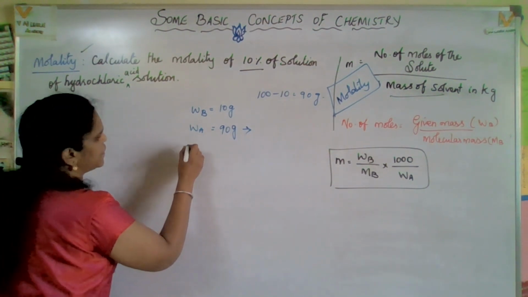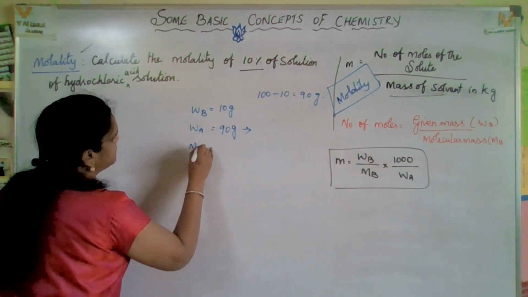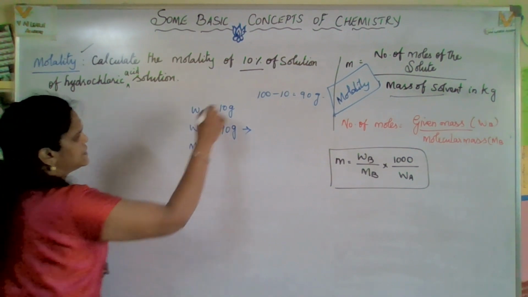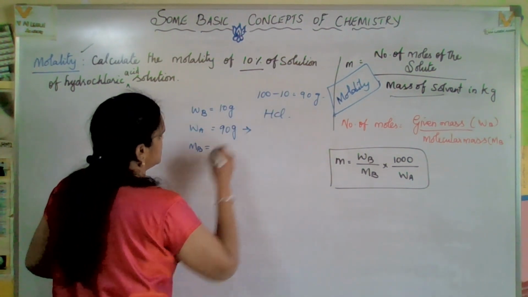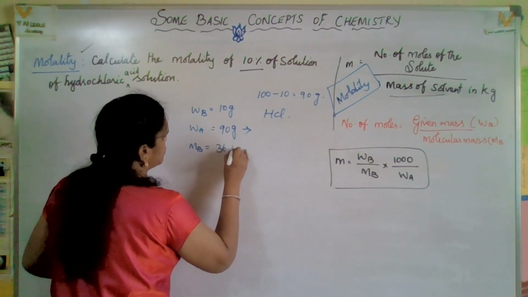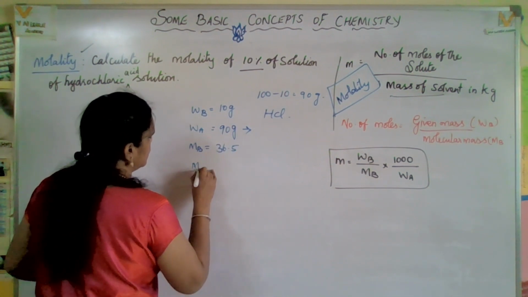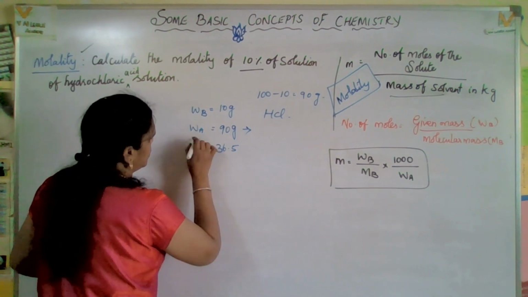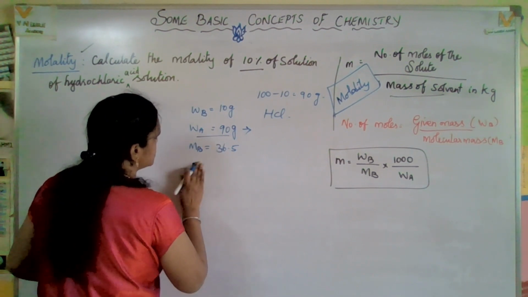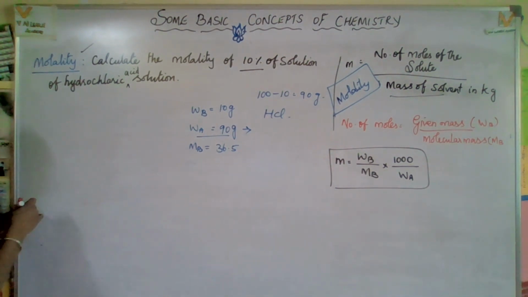Yes, now let us finish this one. And MB, what is it? MB, HCl, that is 36.5. And WA we have provided, and the factor is 1000, right? Okay, now let us solve this sum.